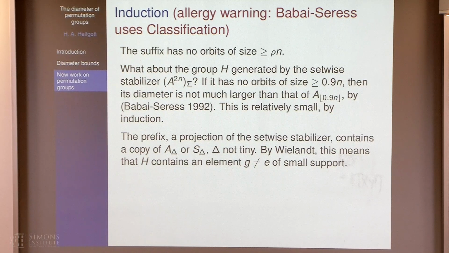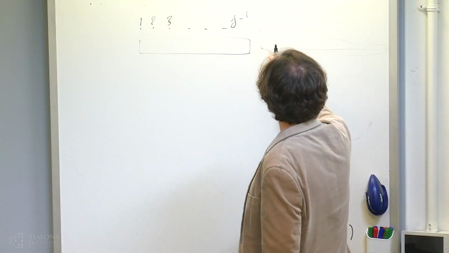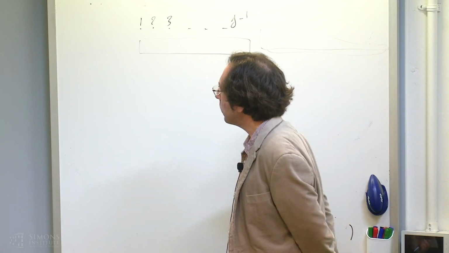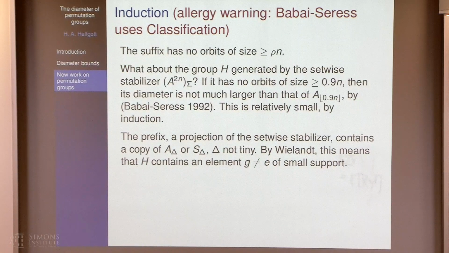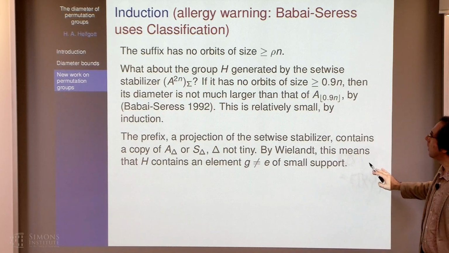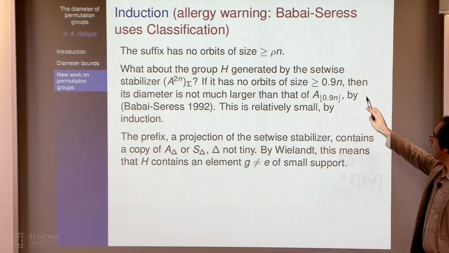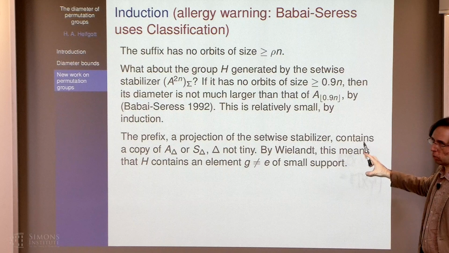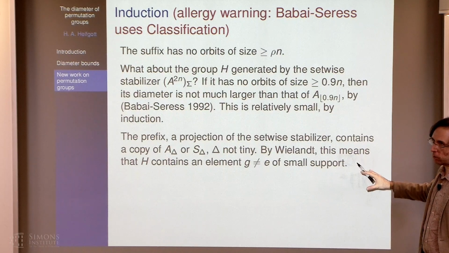So you do have that the set-wise stabilizer has a long orbit, so that when you fix one more point, the point-wise stabilizer has no long orbits. Very well. Well, let me not rush ahead. So why do you have induction? Why does induction work? It works because if you reduce to a smaller group, you have that there the diameter is not too large.